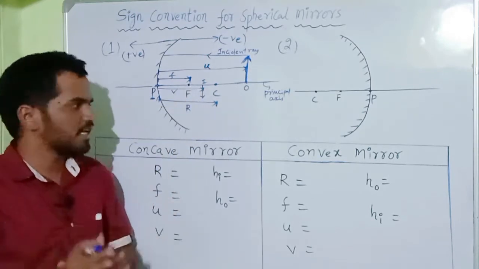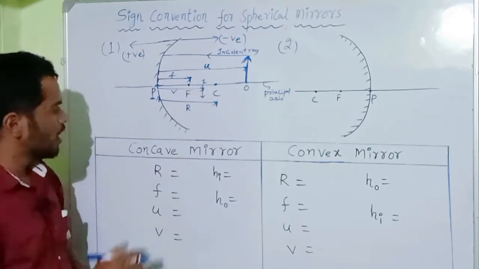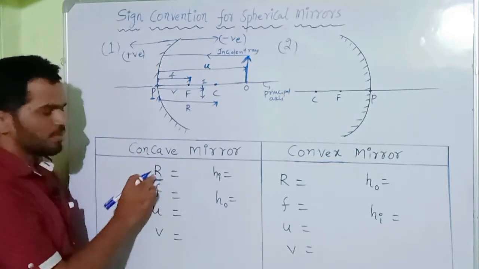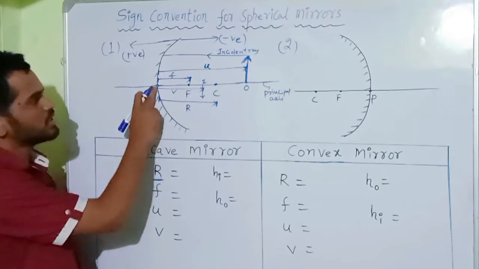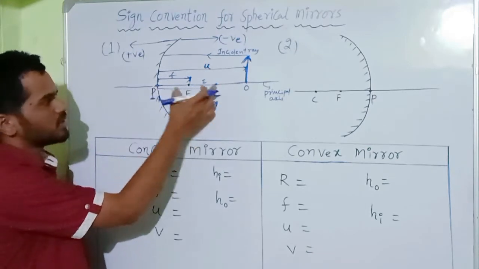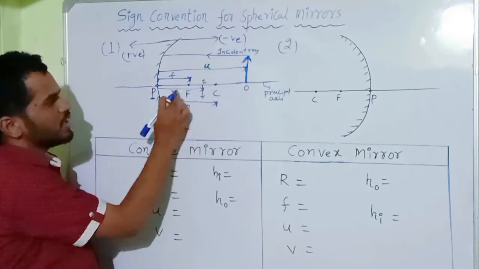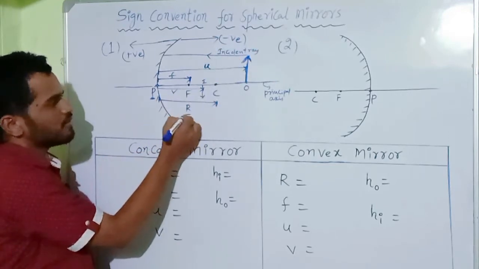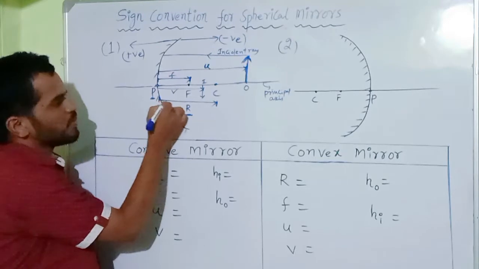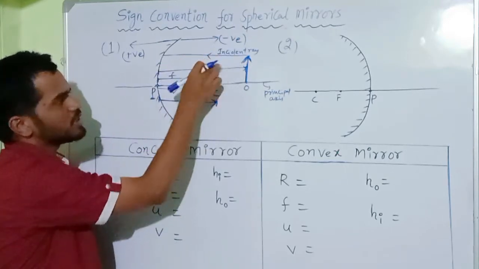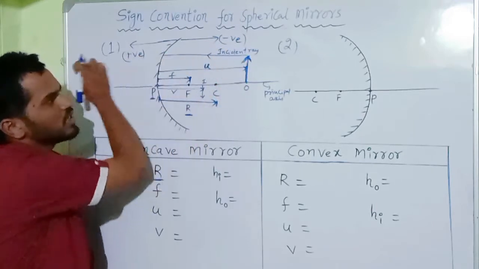Now apply the sign convention for the concave mirror. Here, what is R? R means radius of curvature, the distance from pole to center of curvature. Which side is this? This is the negative side, right? This radius of curvature is measured opposite to the incident ray, which is going in this direction.